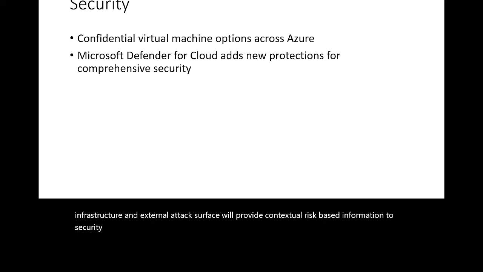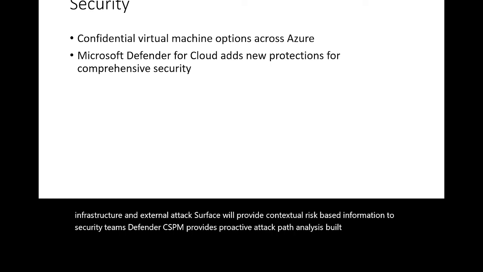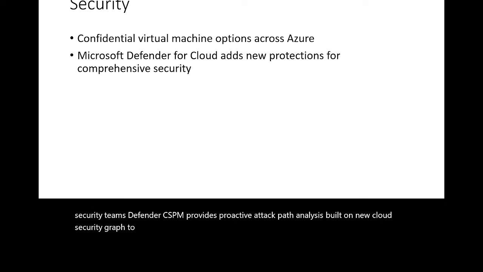Defender CSPM provides proactive attack path analysis built on the new cloud security graph to help identify the most exploitable resources across connected workloads and help reduce recommendation noise by 99%.